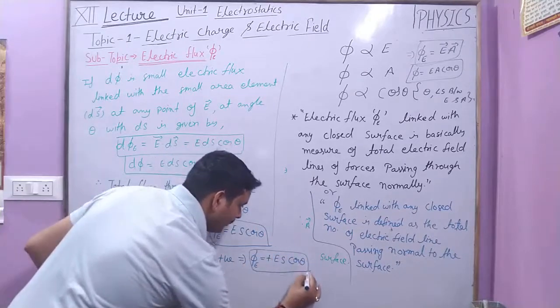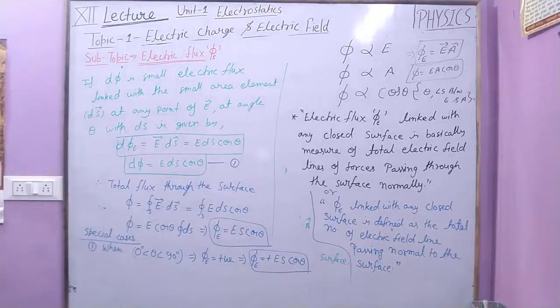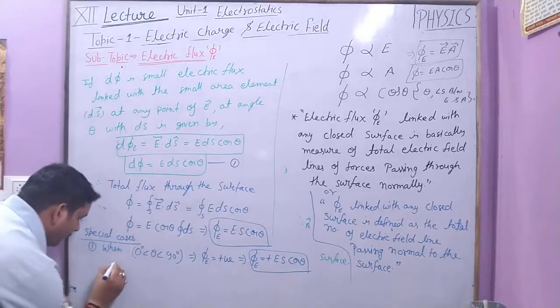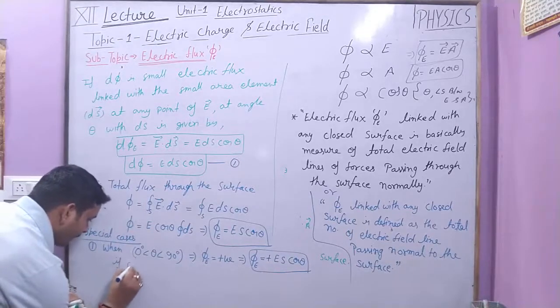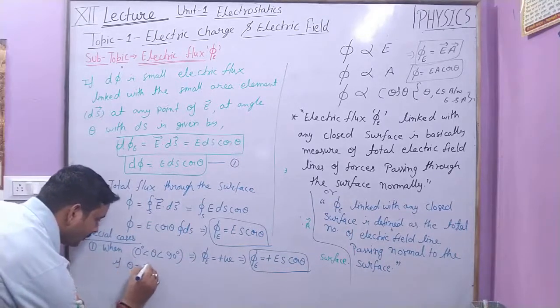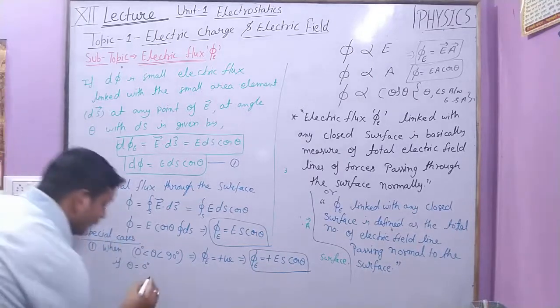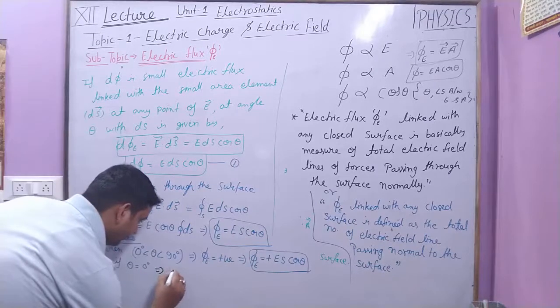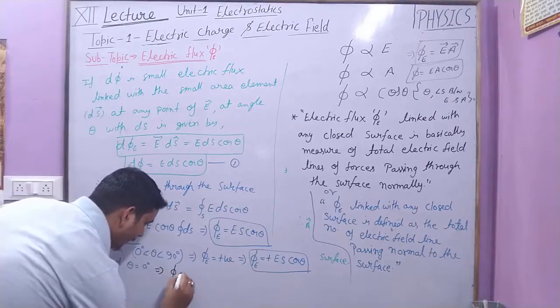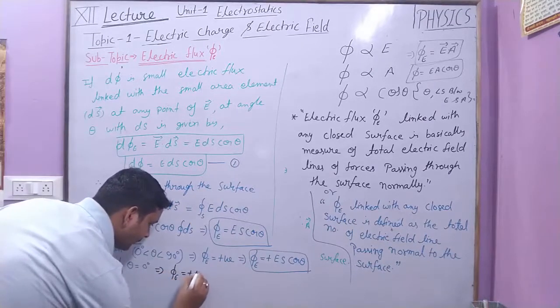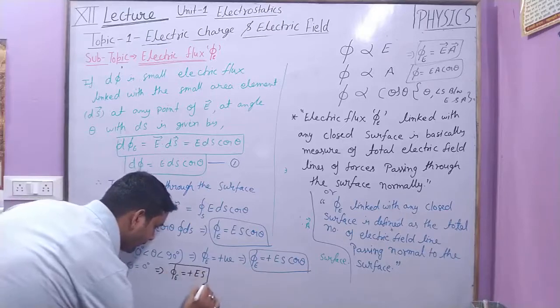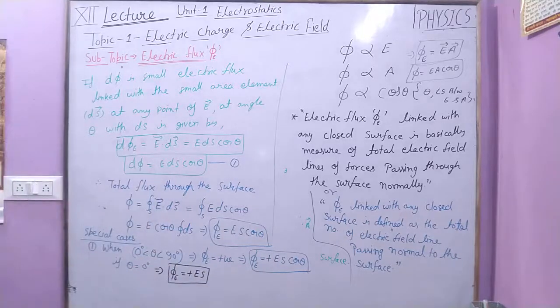This is positive. Okay, now here if theta is equal to 0 degrees, then we get phi E is equal to plus Es. Okay, this is the first case.